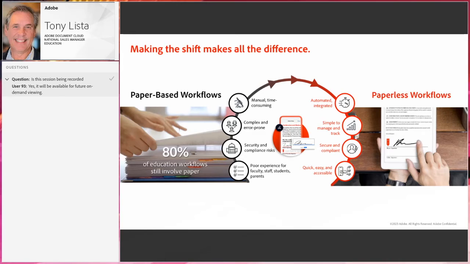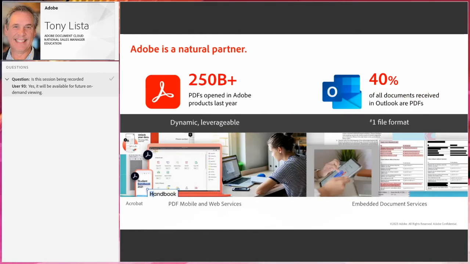Think about the work that goes on around recruiting and admissions, and for fundraising and constituent engagement in the nonprofit space. All of these areas, which are paper intensive, can be made more efficient and make your organization able to service its constituents and its clients better by digitizing and moving from paper-based processes to digitized processes.